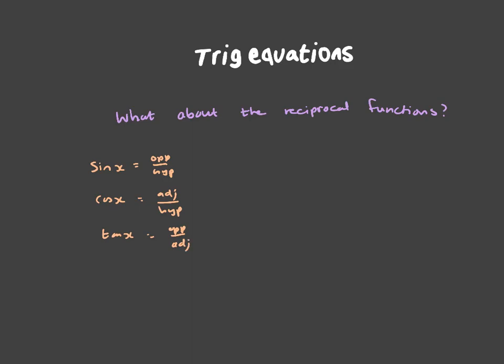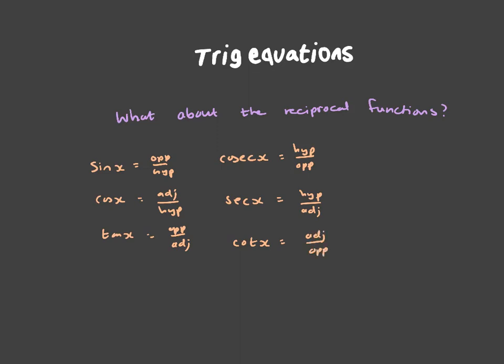So the reciprocal function of sine is cosec x, and that is just the reciprocal of sine. So in other words, the opposite and hypotenuse just swap around, right? It's 1 divided by that. Then we've got sec x is equal to hypotenuse over the adjacent, and the reciprocal of tan is cot x, and that is the adjacent over the opposite.